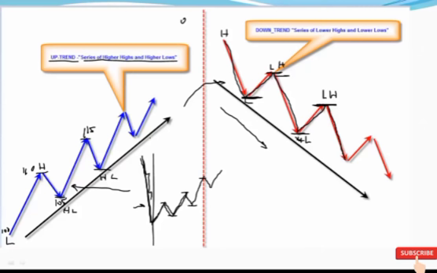So uptrend and downtrend. Later on, in other webinars, we'll discuss Elliott wave and the components of Elliott wave, and that is really one of the foundations.